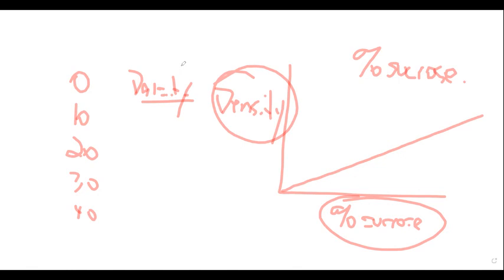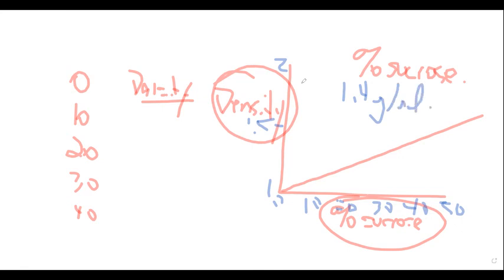Let's say this is 0, 10, 20, 30, 40, 50, and the density goes from 1, let's say, up to 1.5. Let's say your density is like 1.4 grams per mil. So this is the density of your beverage. Then you just come over here, find where 1.4 is, go straight to the line and then come down. And that tells you that the percent sucrose is around 35%.